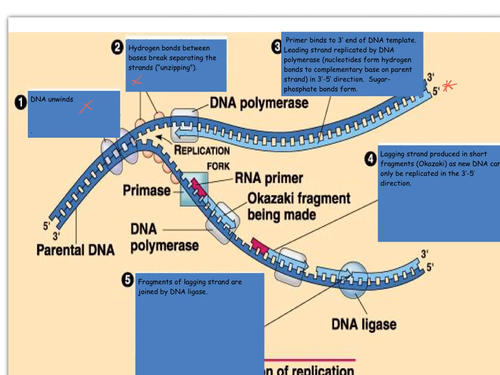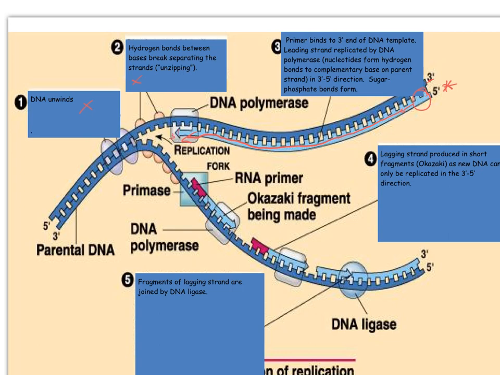So what happens is you get the primer attaching itself here, binds to the 3' end of the DNA template. So it binds here, and you get the DNA polymerase adding continuously the nucleotides on, because this is the 3' end here.